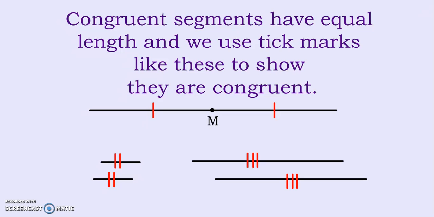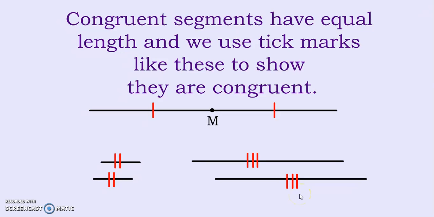Alright, next how we'll show that segments are congruent is to put these little dashes, these little tick marks. Again, they can have varying numbers of tick marks. So this is our midpoint of a segment, which means that we have two congruent halves, and we've shown that with one tick mark. We have another set of congruent segments here that we put with two, and then another set here that we put with three.